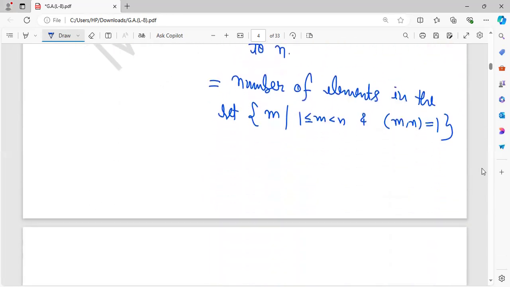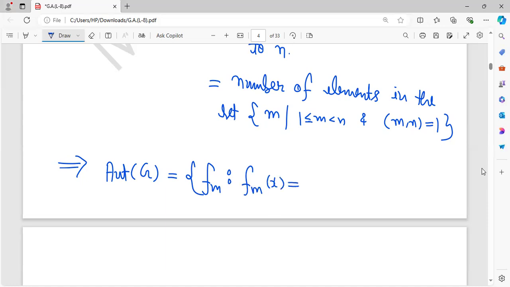It means the automorphism group is nothing but the set of f_m such that f_m(x) is equal to x to the power m for all x belonging to G, m in this range and GCD of m and n is equal to 1. So we have proved it. Okay.